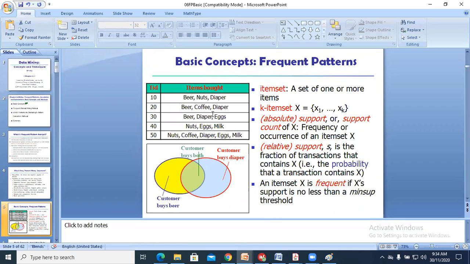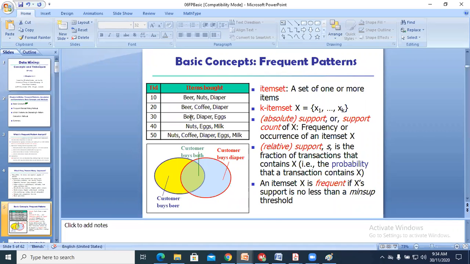For this, we need to calculate the absolute support and the relative support. Support is the count or frequency of occurrence of an item in an item set.